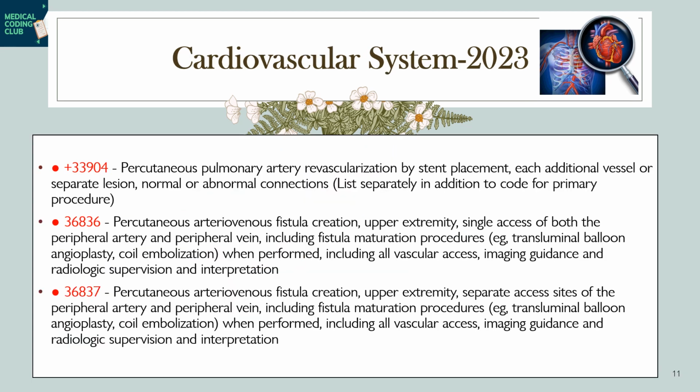And there is an add-on code, 33904, which says percutaneous pulmonary artery revascularization by stent placement, each additional vessel or separate lesions. And then 36836 and 36837, percutaneous arteriovenous fistula creation, for upper extremity, peripheral artery, peripheral vein, including fistula maturation procedure.